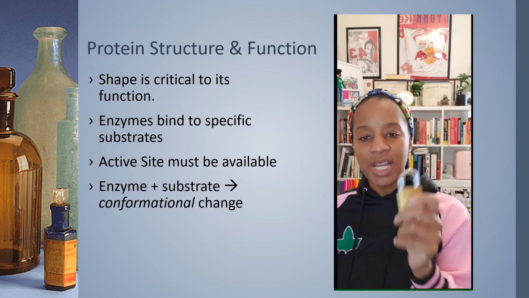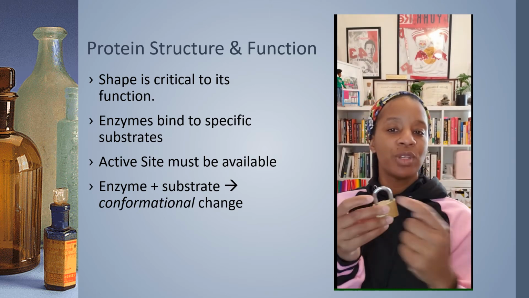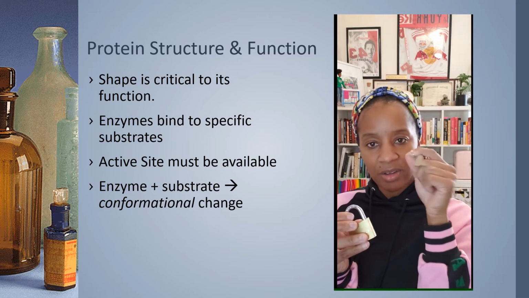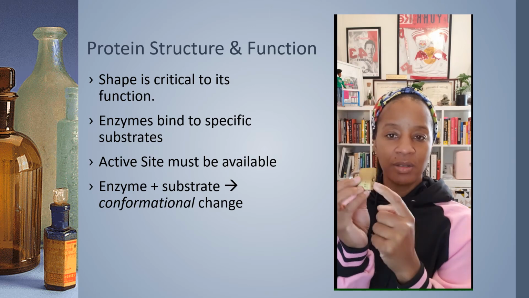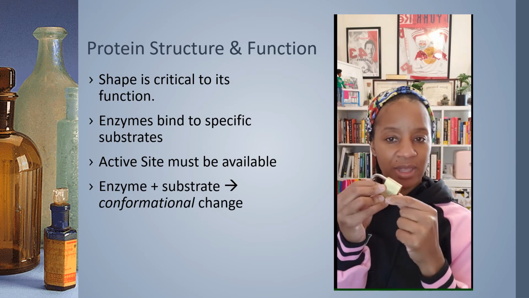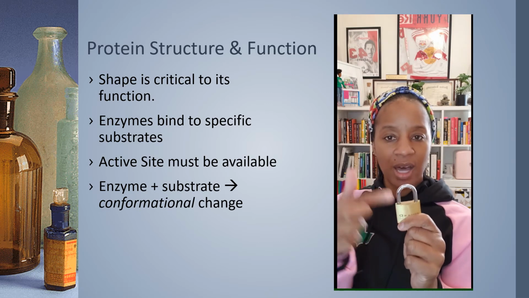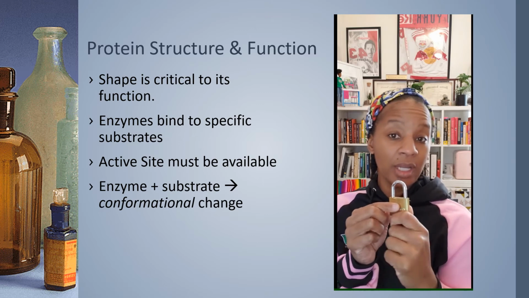Now, each enzyme, just like in this example, each enzyme is specific for the substrates that it interacts with. It can't be any old key. It has to be the key that is cut in the right pattern to fit into this keyhole and activate the locking mechanisms inside here. Without that, the lock won't lock because the bar cannot be clicked in, and you couldn't unlock it.